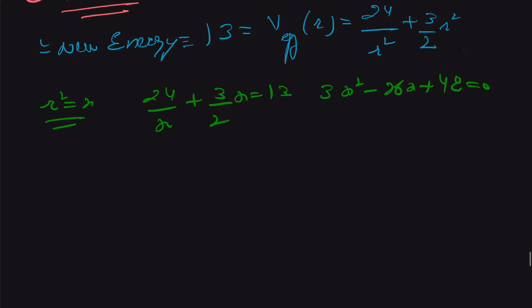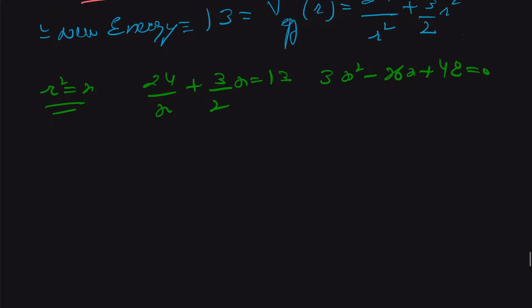And from here we are going to get two values of x. First one is, let us suppose, x1, which is 6, and second one is x2, which is 8 by 3.